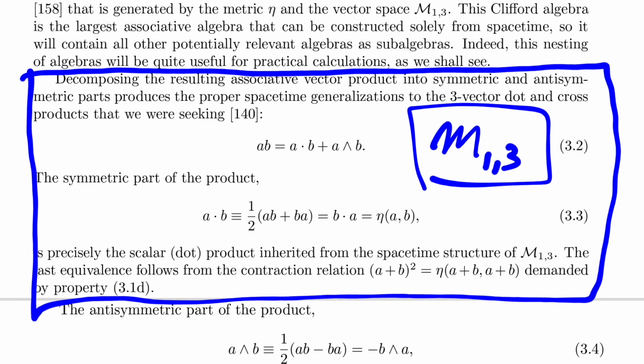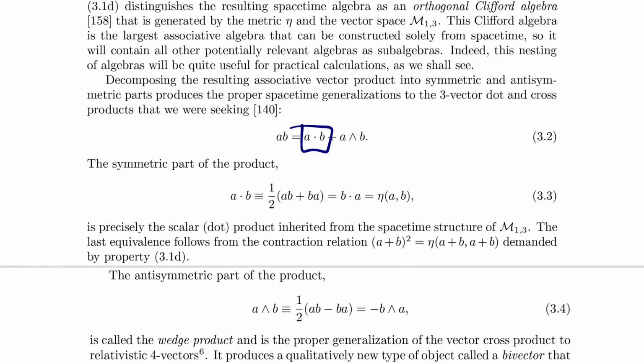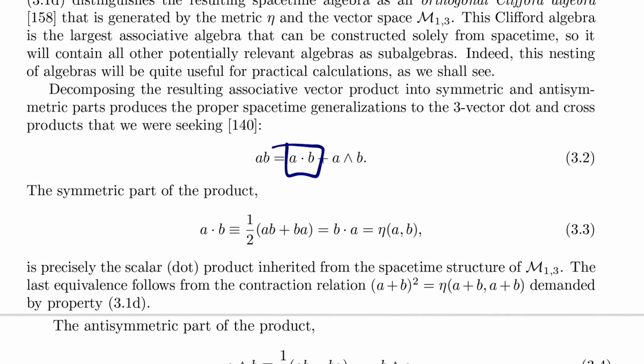That's easy because the dot product of two 4 vectors is just eta A, B. It's the Minkowski contraction of A against B, and that's a scalar. Now, that being a scalar is very familiar. This other part, A wedge B, is probably less familiar, but they're hoping that, oh no, you've studied the exterior calculus, so you probably even know what that is too.